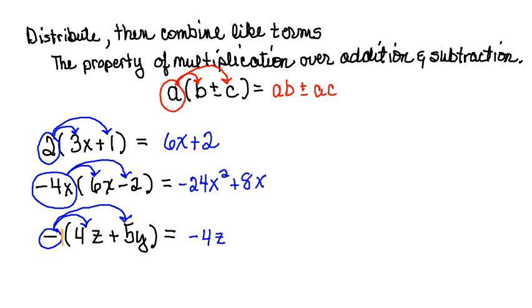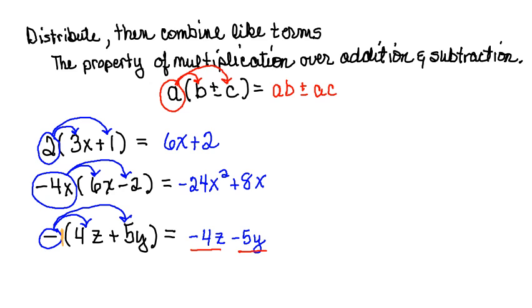A negative 1 times a positive 5 is a negative 5y. Now, notice here that the negative on the outside changed the sign of everybody inside. So a negative on the outside of the parentheses is as easy as remembering everybody inside the parentheses, their sign's going to change.